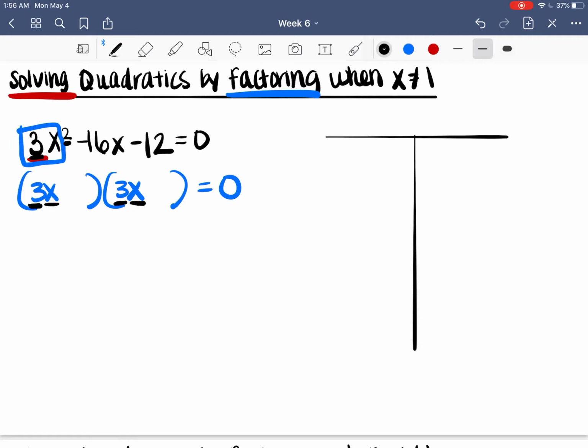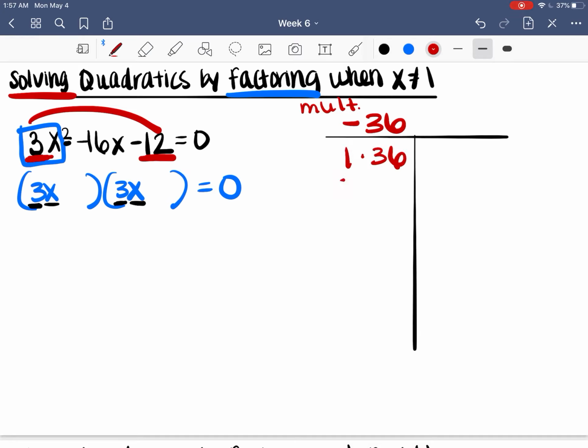Our next step is to take this first number, which again was 3, and your last number, which is negative 12, and multiply them. 3 times negative 12 is negative 36. And you're going to give me the factors of 36. What multiplies to 36?